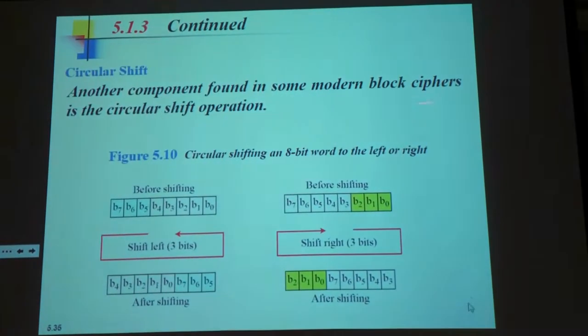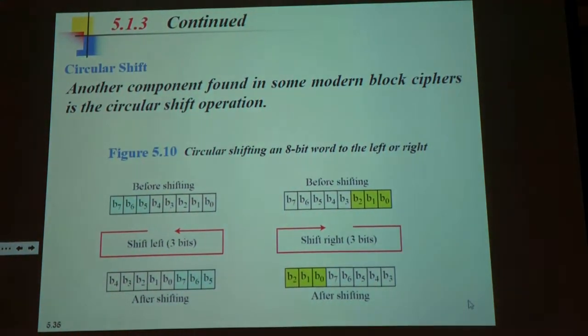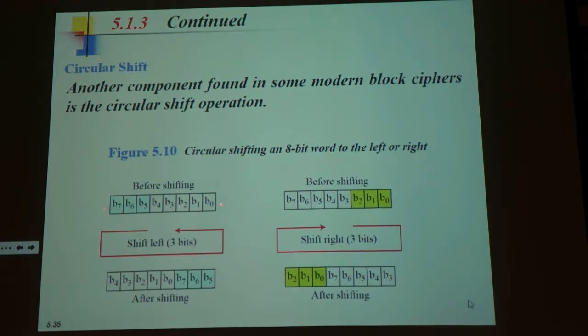So for example, in here, before shifting, we have B0, B1, B2, up to B7, bit 7, right? So let's say that I'm going to shift by 3 bits. In this case, a right shift, okay?